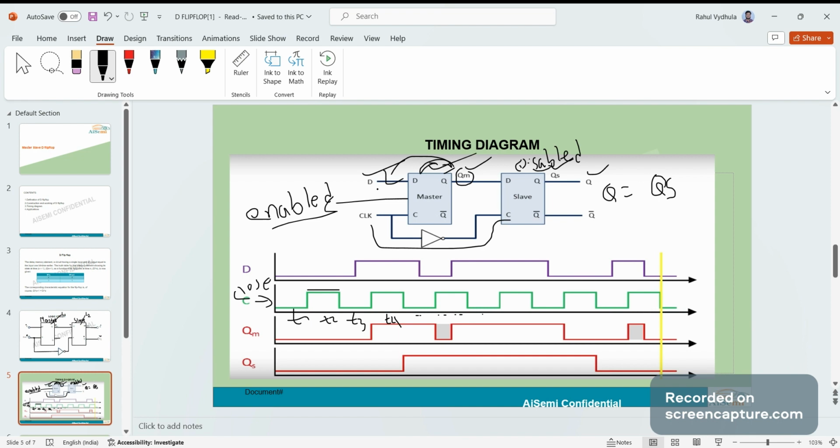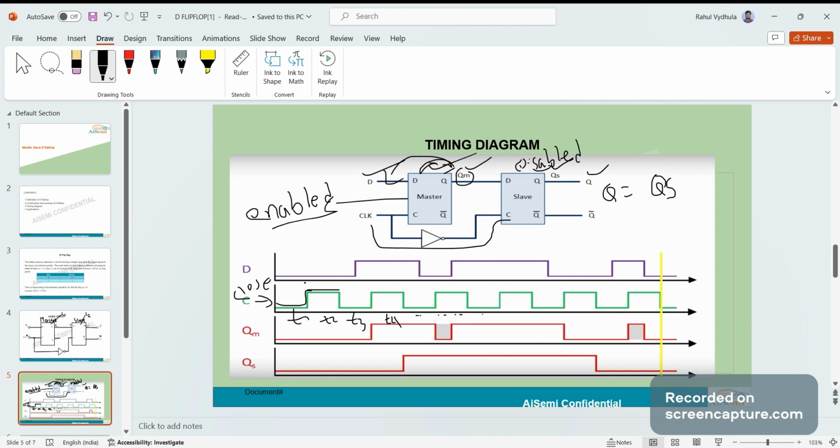Here the D input changes from low to high, and Qm follows, changing from low to high the same way.